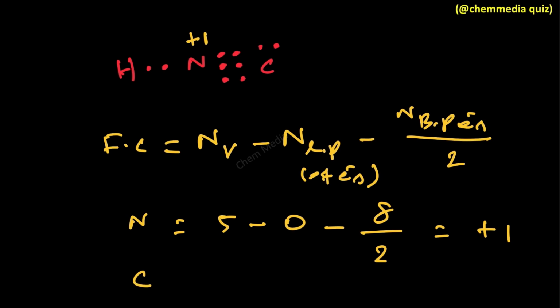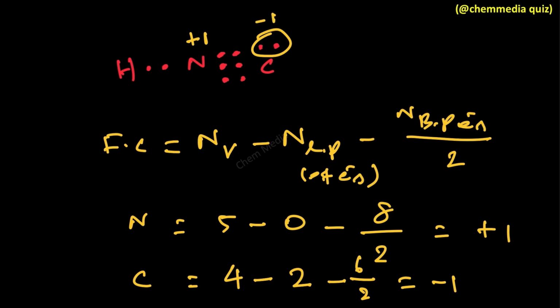How about carbon? For carbon it would be 4 minus 2, because we have one lone pair that has 2 electrons. This is the one, minus we have 3 bonds, therefore 6 by 2, which means 2 minus 3. So therefore minus 1. Therefore minus 1 on carbon. We know that in a neutral molecule, if we sum up all the formal charges, it would be 0.